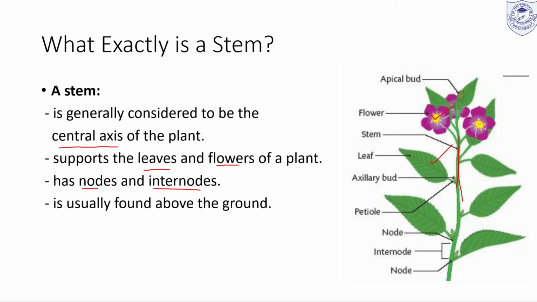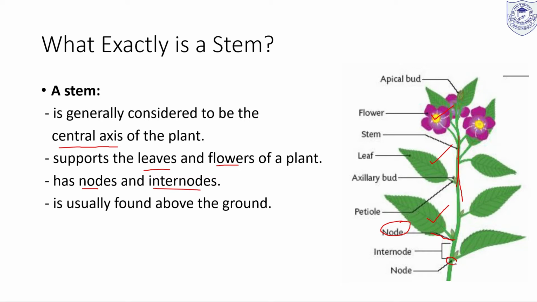Nodes are the portion of a stem from where the leaves and the branches arise, okay? So this is the node. From here, leaf arise, right? So this is the node. And what are internodes? It is the distance between two nodes, okay?